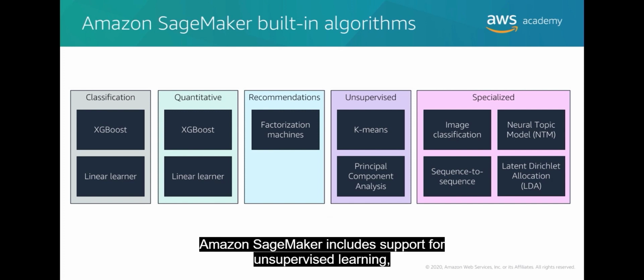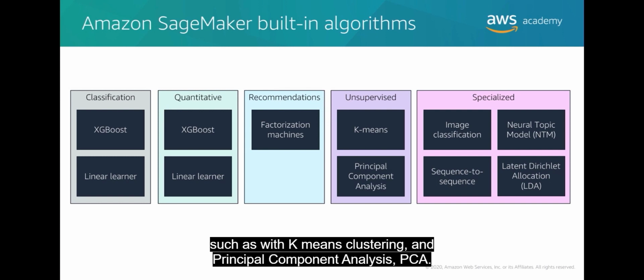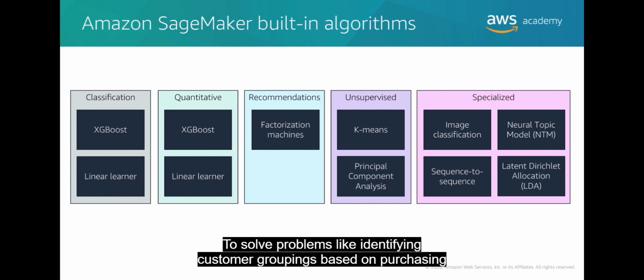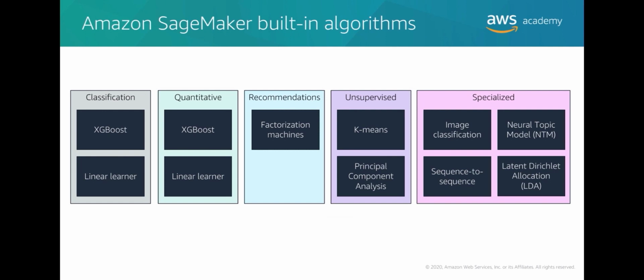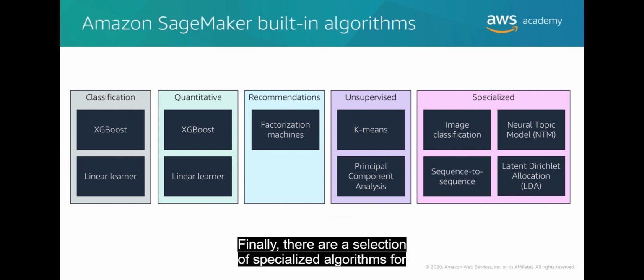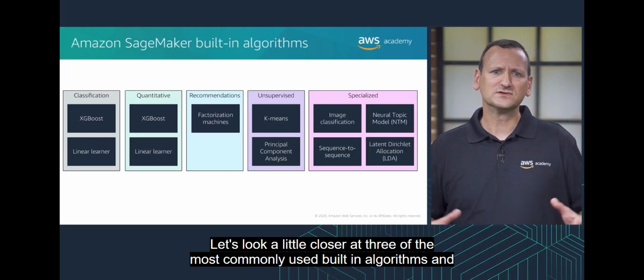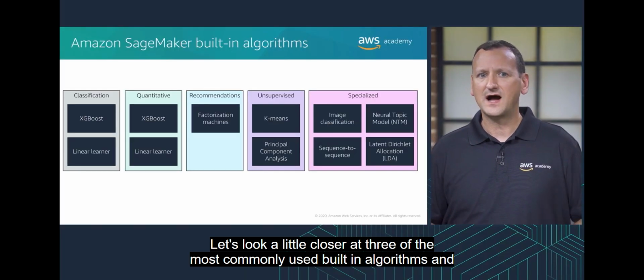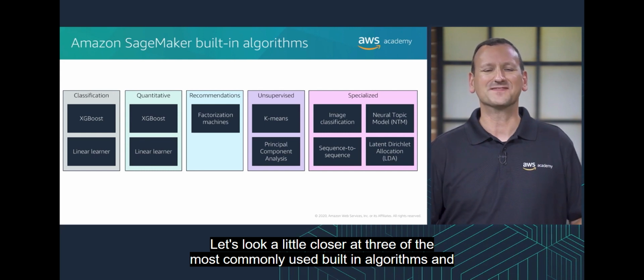Amazon SageMaker includes support for unsupervised learning, such as with k-means clustering and principal component analysis, PCA, to solve problems like identifying customer groupings based on purchasing behavior. Finally, there are a selection of specialized algorithms for processing images and other deep learning tasks. Let's look a little closer at 3 of the most commonly used built-in algorithms and their use cases.